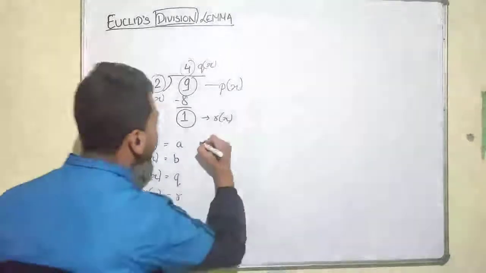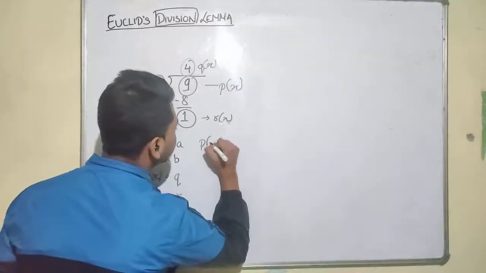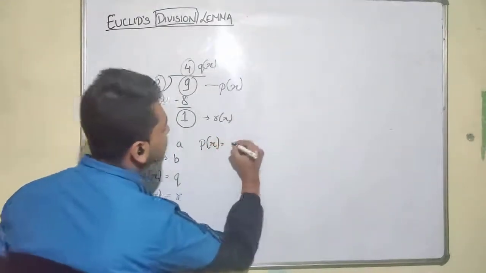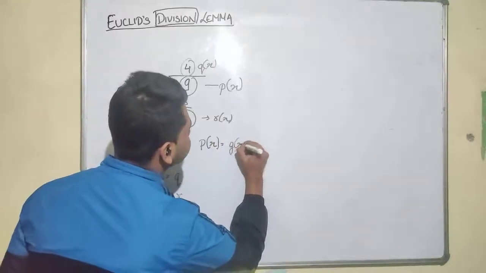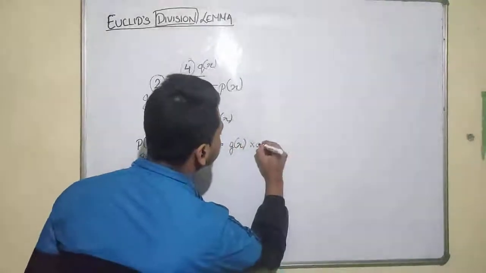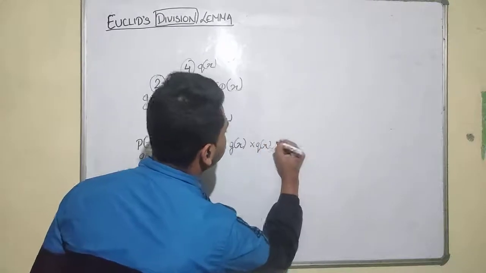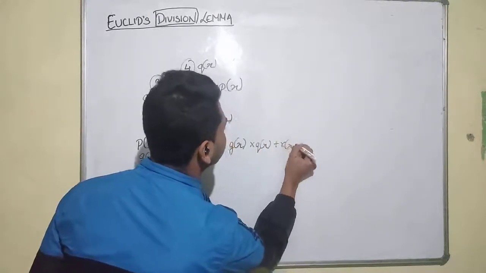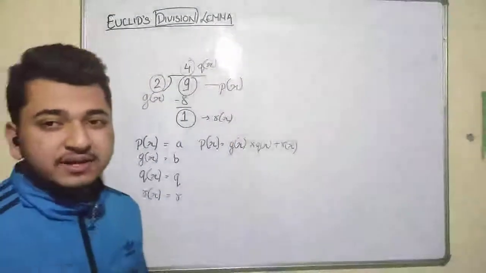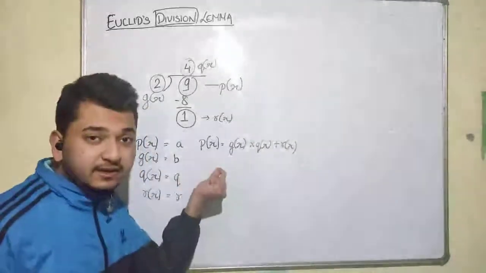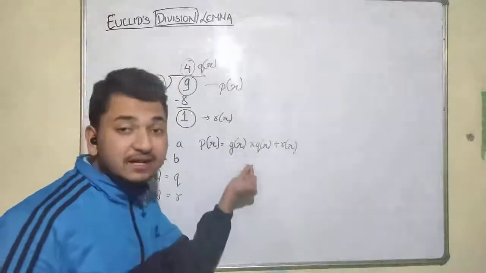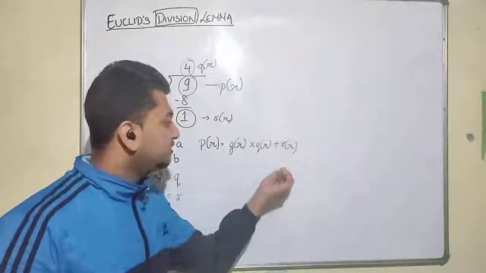We know that p(x) equals g(x) into q(x) plus r(x). We studied that dividend equals divisor into quotient plus remainder.